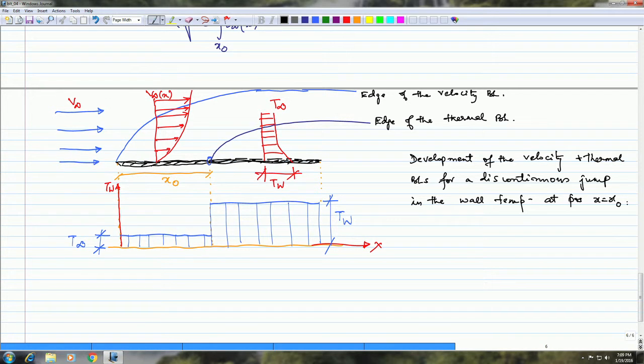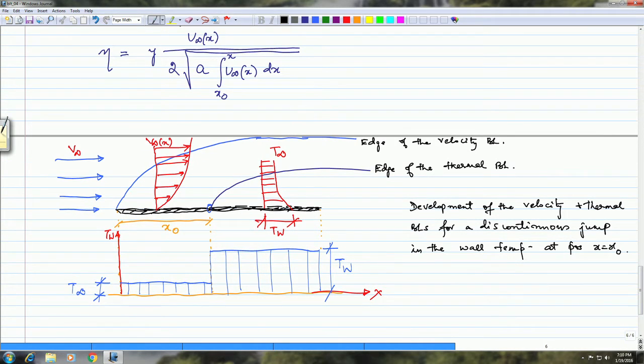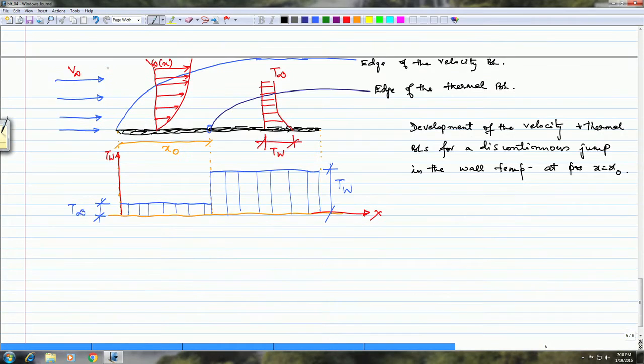So if you see here, what we are saying is that from x naught to x, depending on how far you want to go on the plate, starting from x naught, that's the start of the discontinuous temperature, you integrate the free stream velocity and then multiply that by the thermal diffusivity. That's how we define the similarity variable.